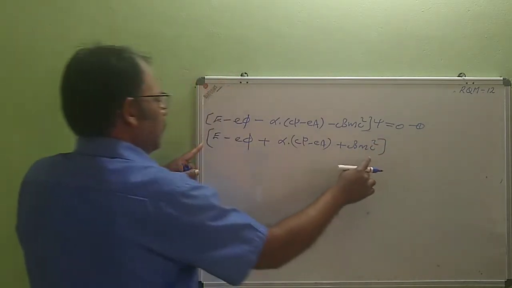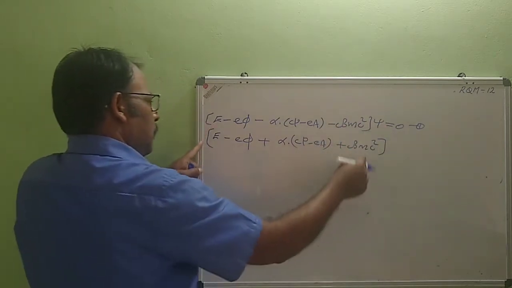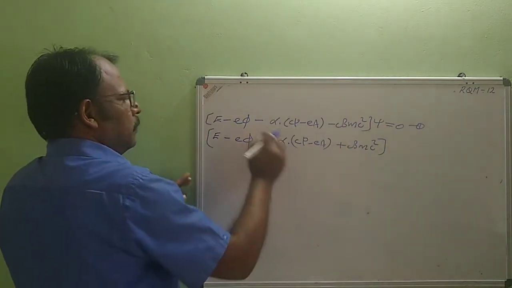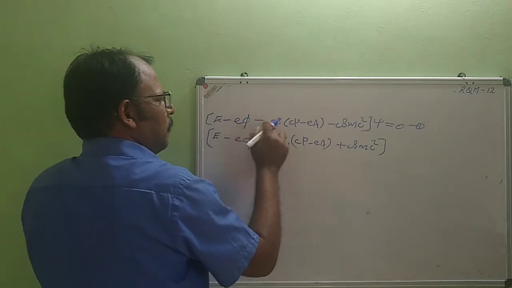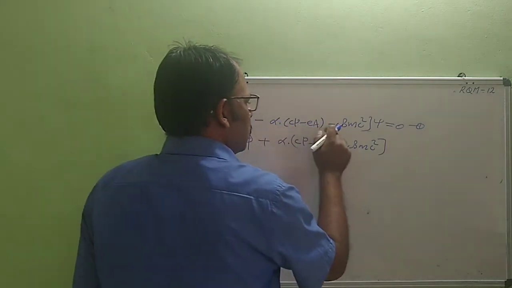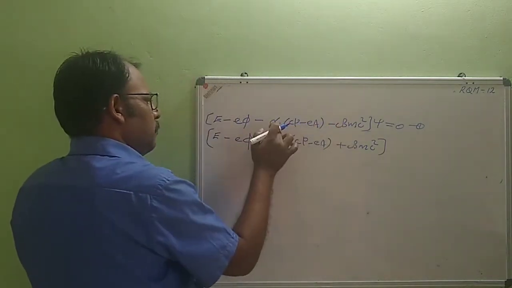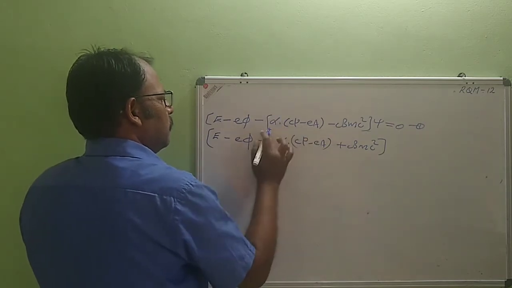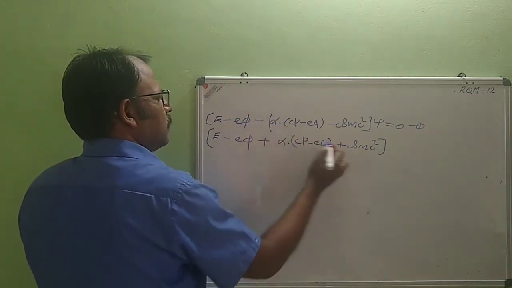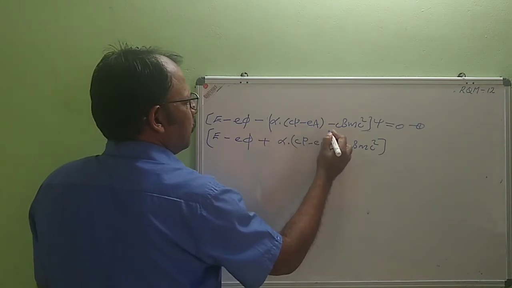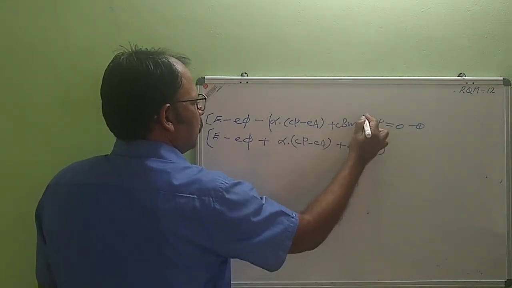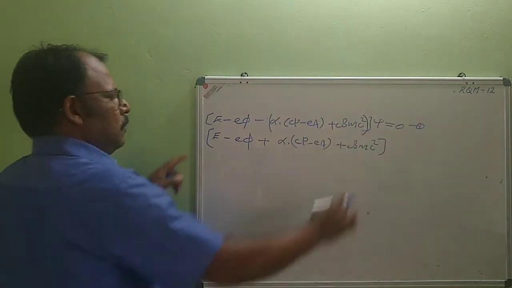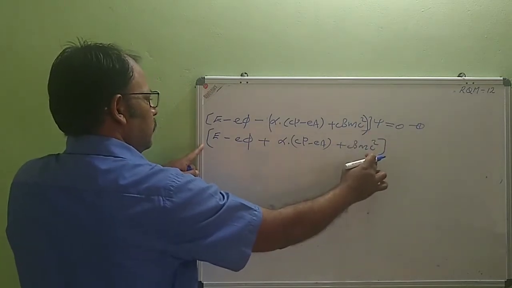Here it is E minus e phi minus of alpha dot (cP minus eA) minus beta m c square. I am taking minus common from these two terms, so it will be minus of alpha dot (cP minus eA) plus beta m c square. This equation I am multiplying with this one.